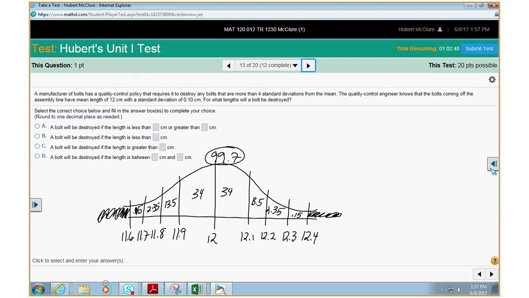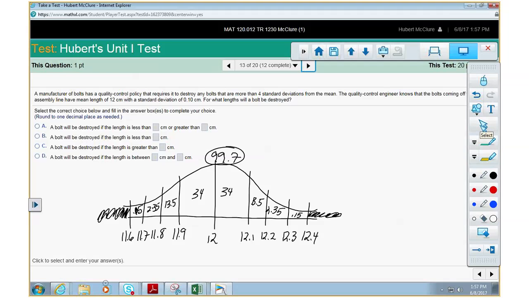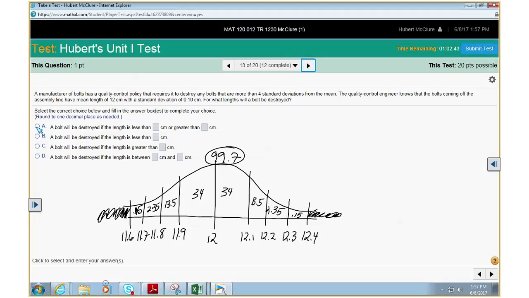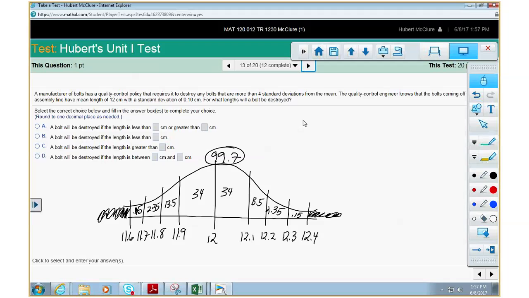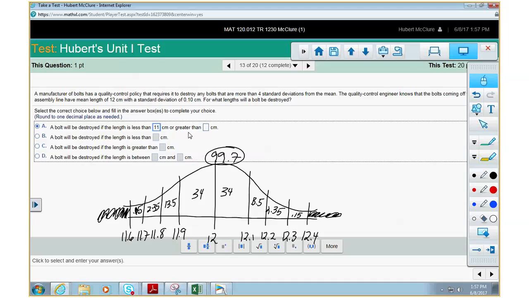So they're not asking for a percentage. Why not? Because there is no percentage, because you've already got 100%. So 11.6 and 12.4. Next.